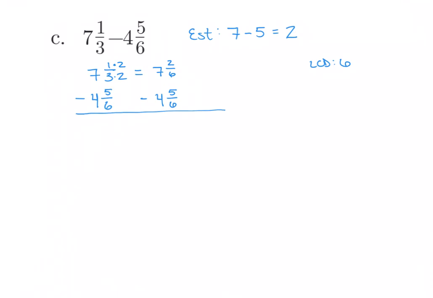Again, we have that issue again. Notice that my top fraction is smaller than my bottom fraction. I cannot subtract 2 minus 5. So we need to borrow. So what I'm going to do is take 1 away from the 7, make it a 6, and I'm going to put 1 with my fraction part.